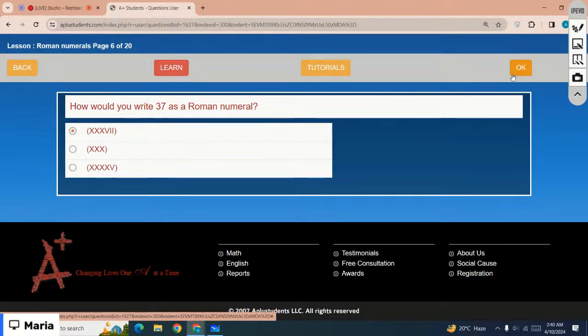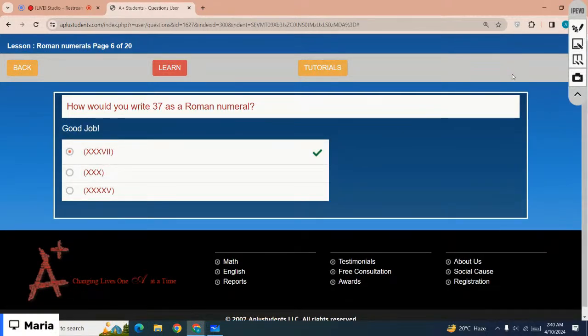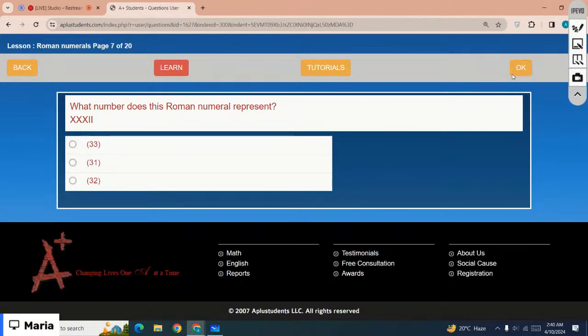Very good. What number does the Roman numeral represent? Which is the correct option? Yes, 32 it is. Very good.